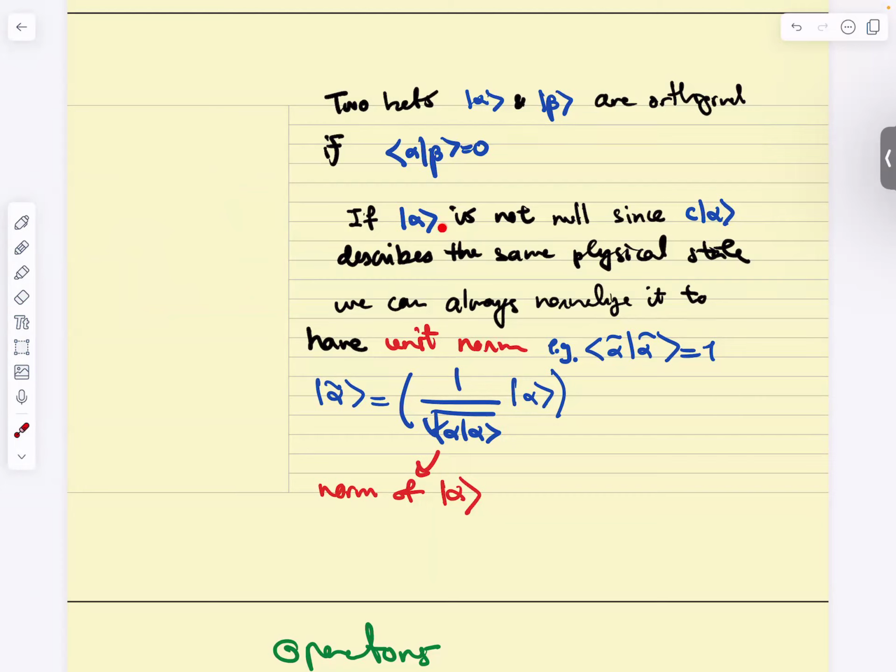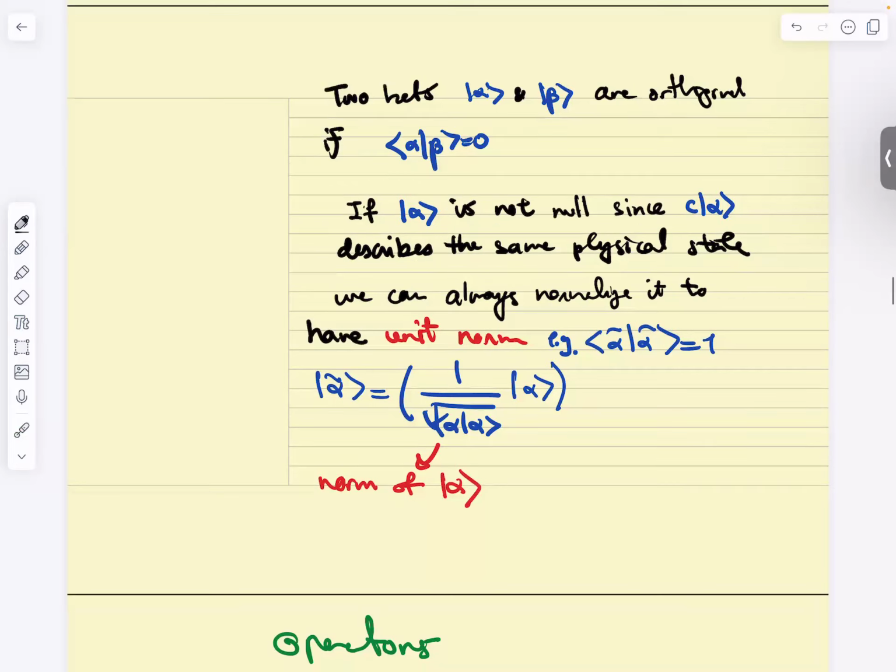Now consider a vector that is not null. Because C times that vector, for some complex number C, describes the same physical state, it is sensible to get rid of C, because C really controls the length of the vector. So what is C alpha?